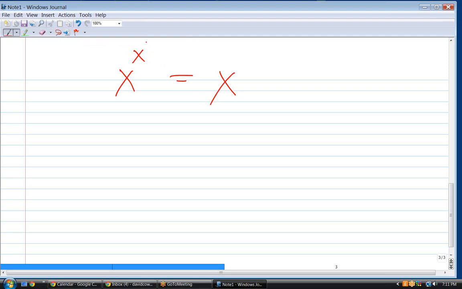X to the x to the 4 equals x to the 4x. Are there any parentheses anywhere? No. So just 4x, not 4 to the x, just 4x. Yeah, that's true.